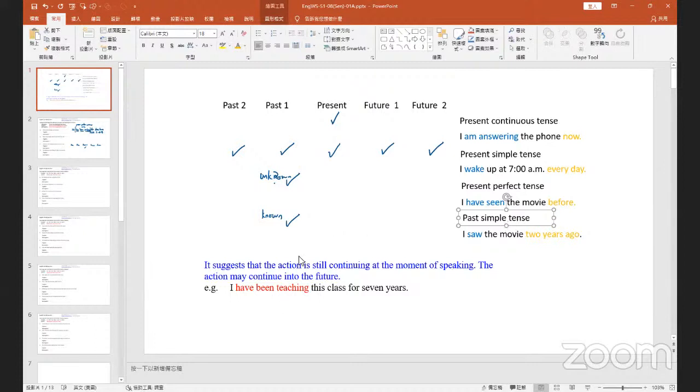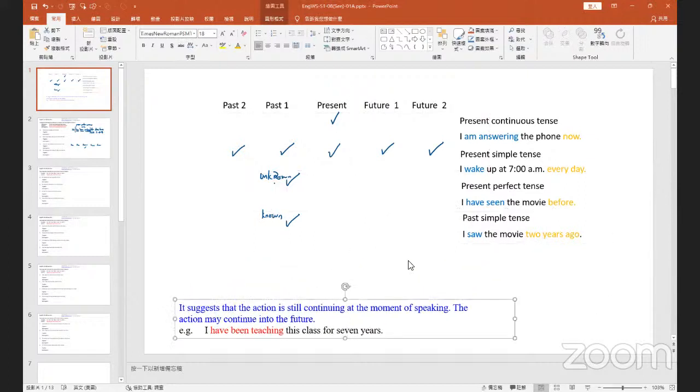There is another kind of present tense, which is present perfect continuous tense. Now, this is the example.